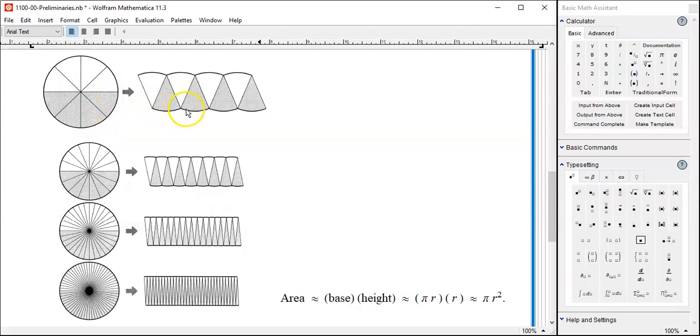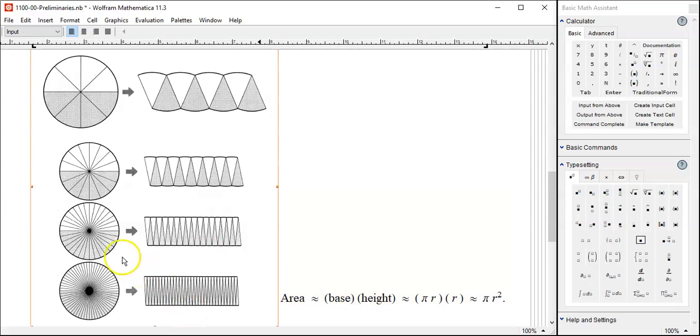Look at this dark piece down there. Or you can look at these white pieces up there. And in the same fashion, dark pieces, same dark pieces, and so on. So no matter what you do, down here the base is actually half of the circumference, pi r.